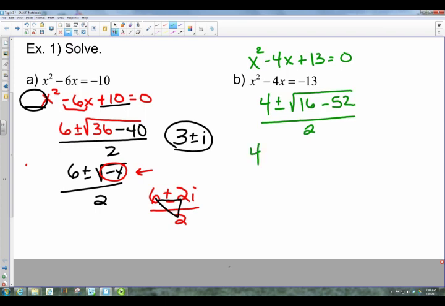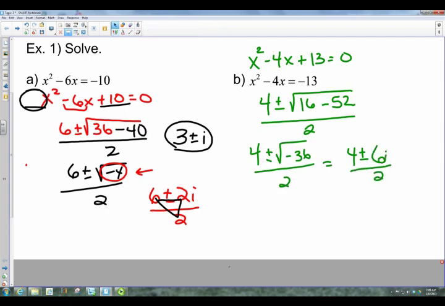Now solving inside this radical, 16 minus 52 works out to be a negative 36 over the 2. Continuing on here, the square root of negative 36, well, the negative gives us an i. The square root of 36 is 6, so that becomes 6i over 2.